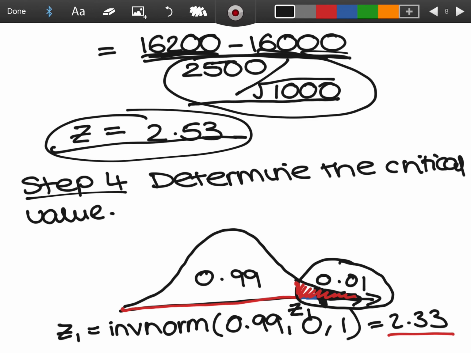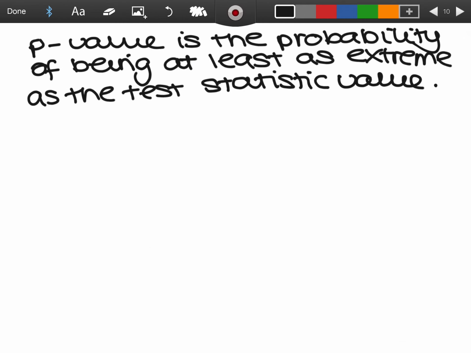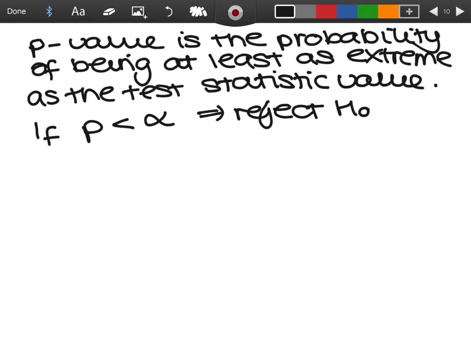So this makes it super easy. If you do a z-test on the calculator and you find that your p-value is less than that significance level alpha that they give you in the problem, then you always reject the null hypothesis, regardless of whether it's a one-tailed or a two-tailed test.